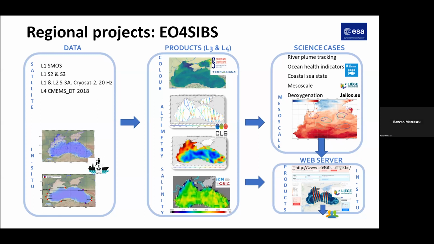It's quite an important factor of marine dynamics. Based on this, there are several science cases related to river plume tracking, ocean health indicators, and coastal state at different scales, especially mesoscales, together with the oxygenation process in this terminal sea, that were developed.